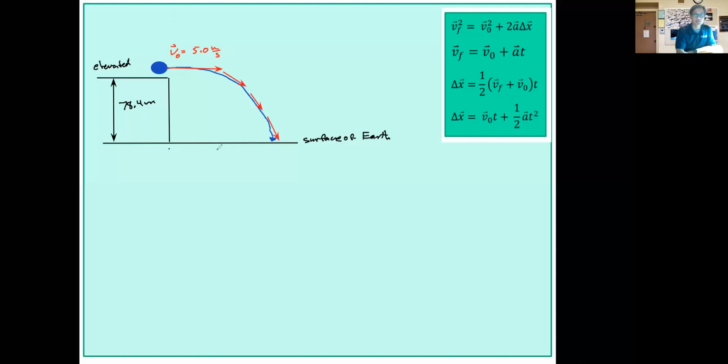So the initial velocity along the x is going to be 5.0 meters per second. The initial velocity along the y is going to be 0 meters per second. Remember, that's at the very top of the pathway there. Okay. All right. So that we know.